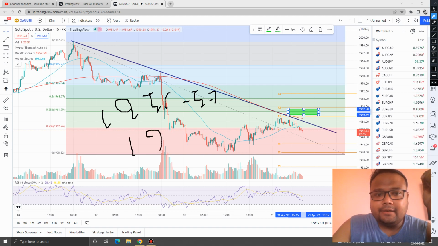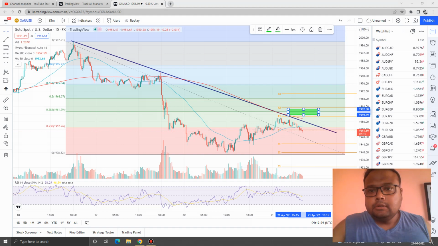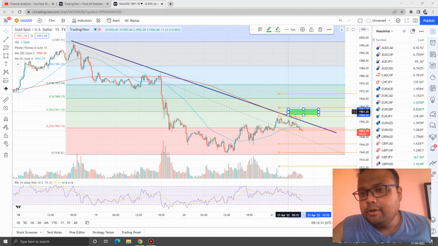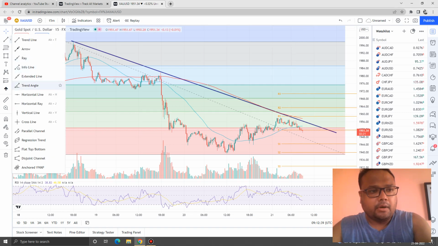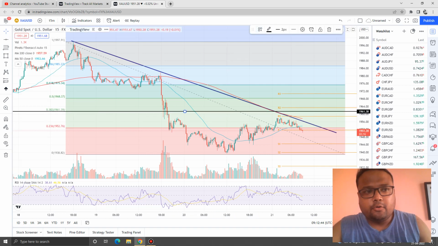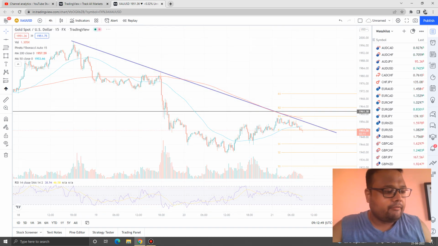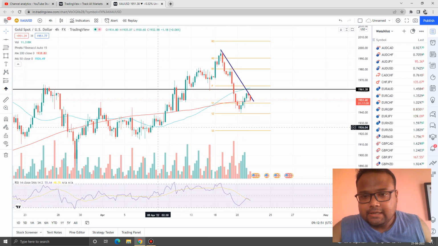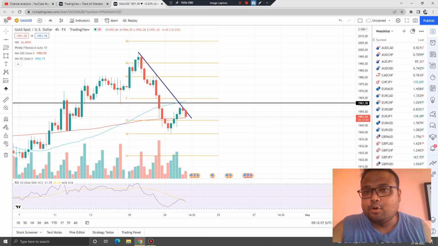Then we have 1961 to 1962 as the second resistance for the market because of the Fibonacci 38.2% retracement level. And I think that this level will work very well. Why? Because if I take you to the higher time frame, you can see that 1960 was previously support for the market.